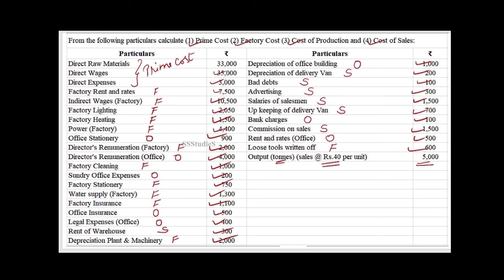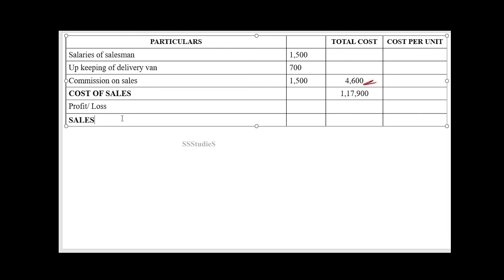So 5,000 tons. We need to find out the value by multiplying it by rupees 40 per unit. So sales will be 5,000 units into rupees 40. That comes to 2 lakh.